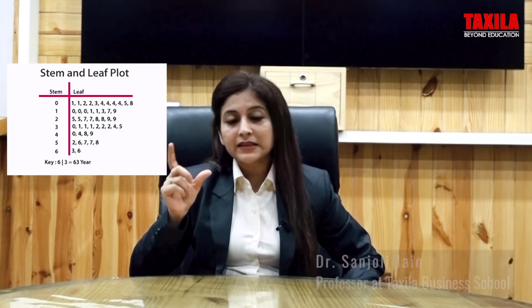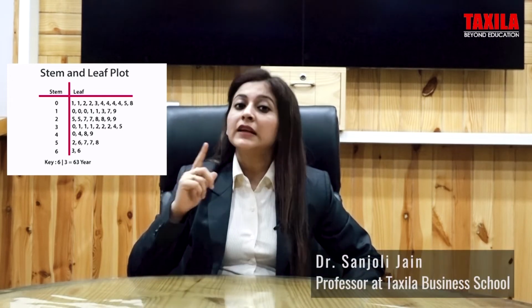So the next one is stem and leaf plot. A stem and leaf plot is a way to plot data where the data is split into stems, that is the largest digit, and leaves, that is the smallest digits. The stem and leaf plot is used like a histogram. It allows you to compare data.